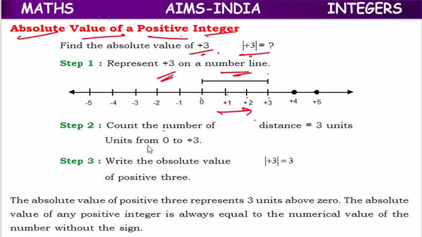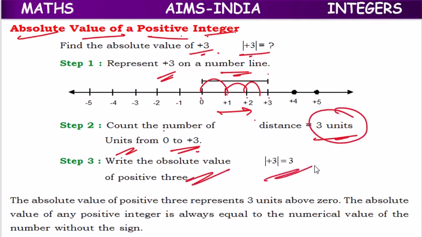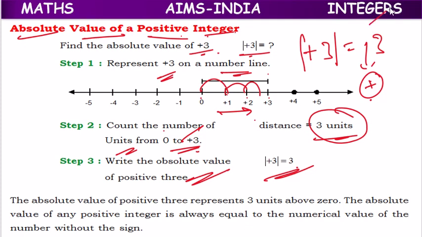Count the number of units from 0 to plus 3: 1, 2, 3. So the absolute value is plus 3. If you want to find the modulus of plus 3, we just write 3 without the sign. The modulus of a positive integer is also always positive.